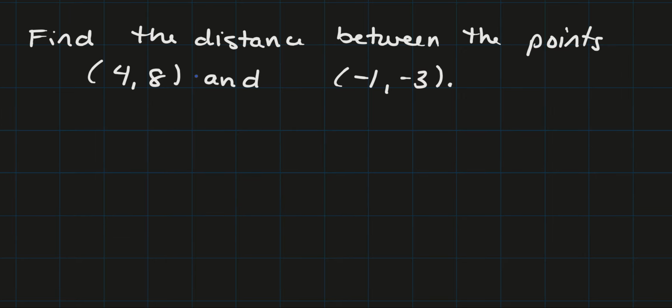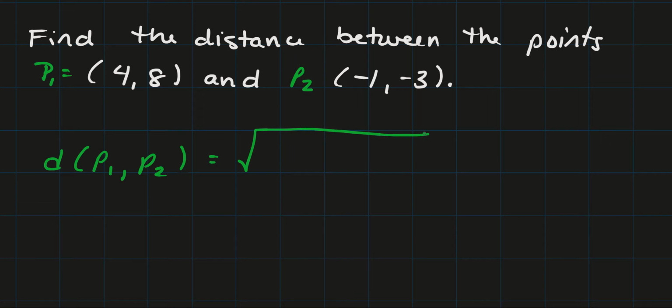Let's also figure out which point we're going to label P1 and which point we're going to label P2. It doesn't matter, so I'm just going to say this one's P1 and this one's P2. So the distance between P1 and P2 is equal to the square root of (x1 minus x2) squared plus (y1 minus y2) squared. I'm just writing the formula again.